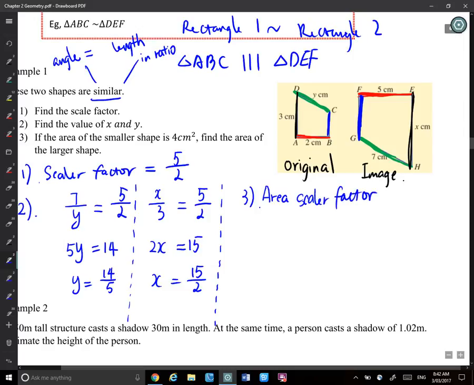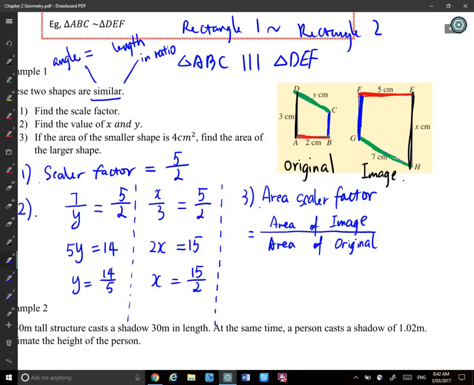What's the area scalar factor? The area scalar factor should equal the area of the image over the area of the original, as they must be similar shapes as well. That should give you the area scalar factor.